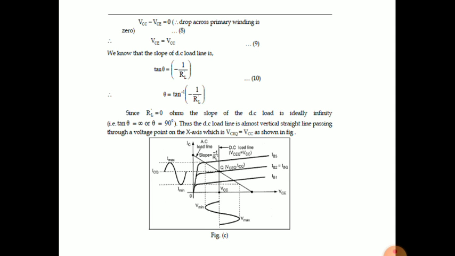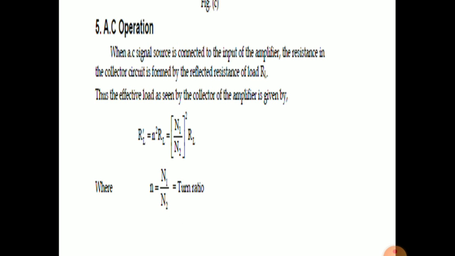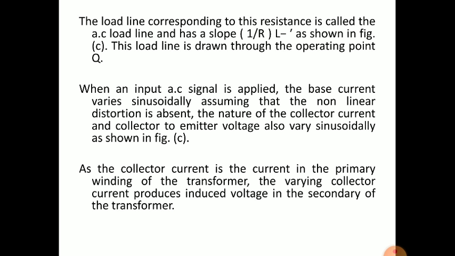So we get the slope as minus 1 by RL dash. This load line is drawn through the operating point Q.